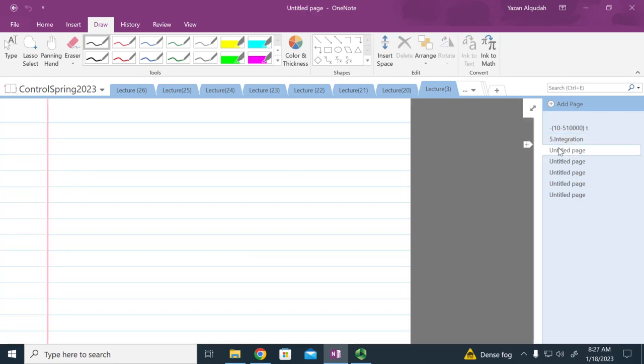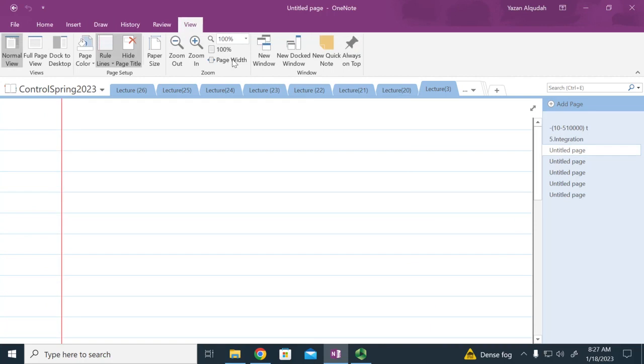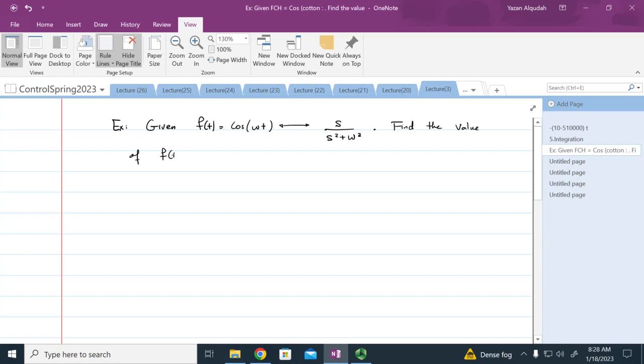Okay, let's do another example. Given f of t equal cosine omega t, and it has a Laplace transform that is s divided by s squared plus w squared, find the value of f of t as t goes to 0 and as t goes to infinity.